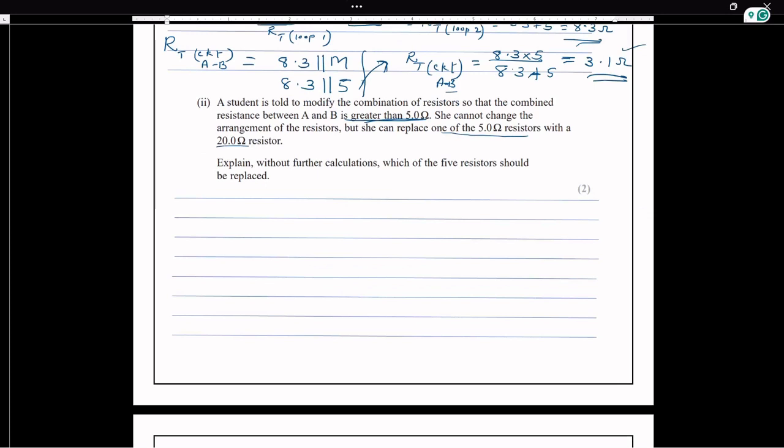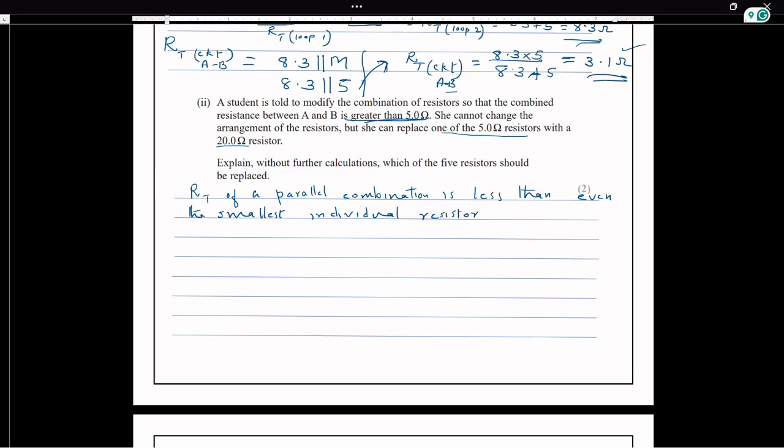Total resistance of a parallel combination, RT of a parallel combination, is less than even the smallest individual resistor.